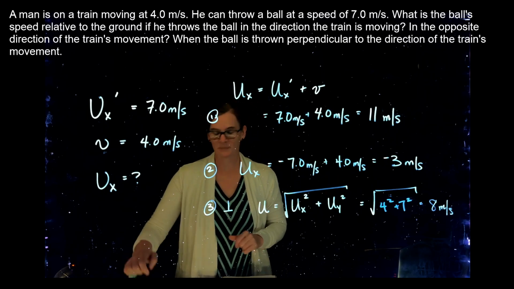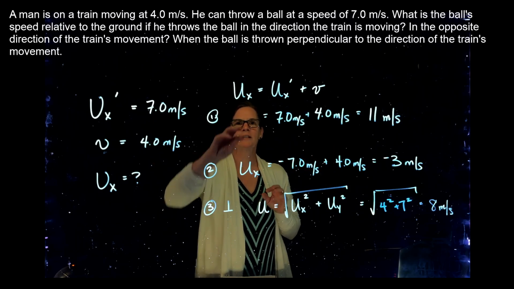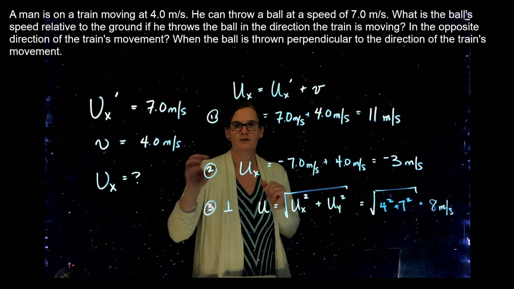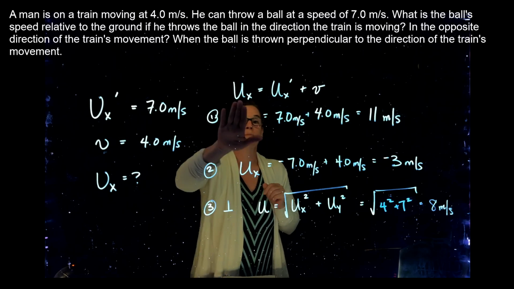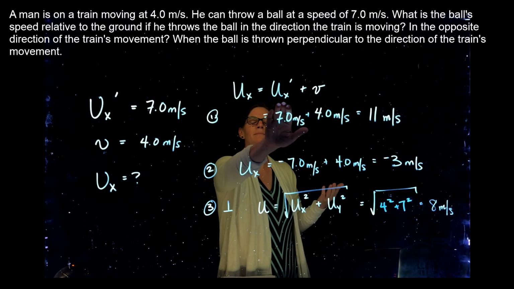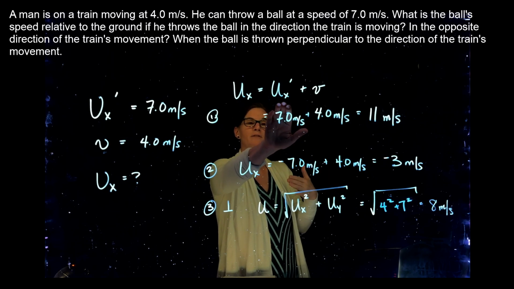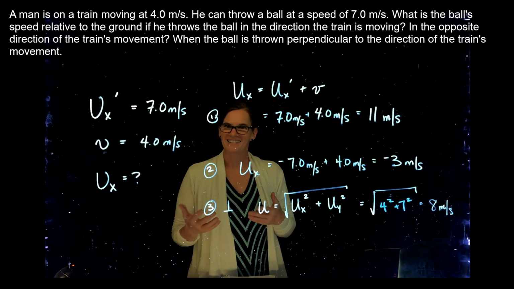So we take the Pythagorean theorem and get our 8 meters per second. So these velocity transformations, looking at what the observed velocity is: the observed velocity is the velocity of the object within the reference frame plus the motion of the reference frame. All right, good job.